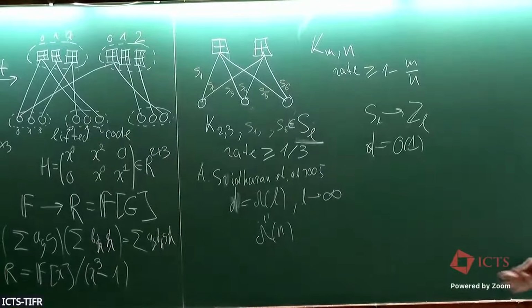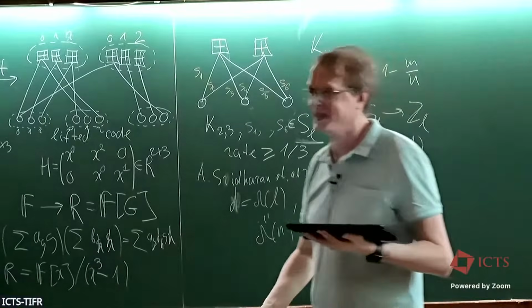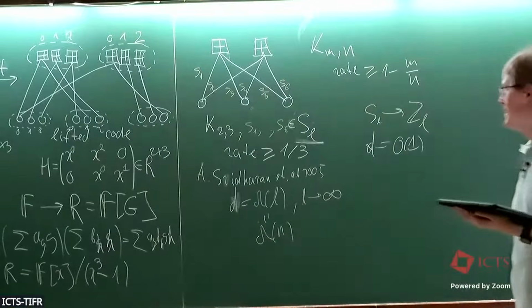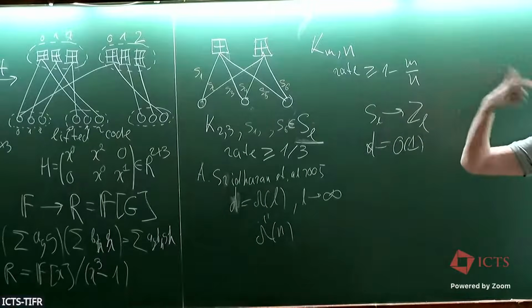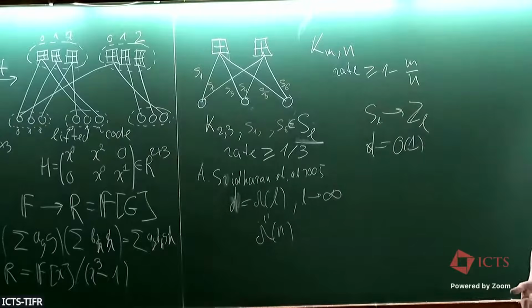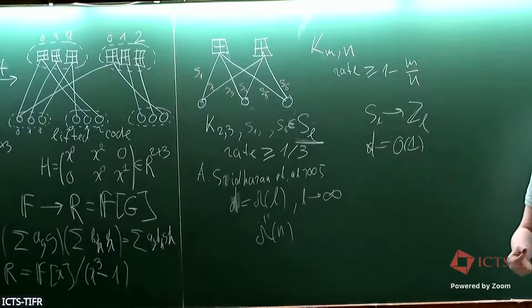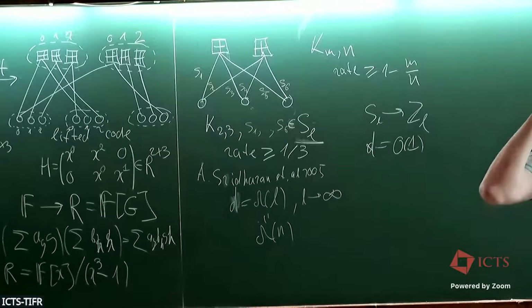And it doesn't stop them that from a theoretical perspective, this is an awful code. And in fact, they work very well in practice. Though their distance is bounded by a constant, this constant is quite large. And for this reason, we do not have any problems with this. Okay?